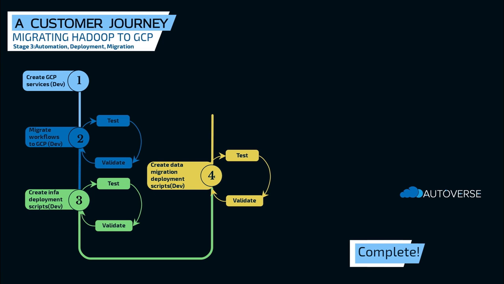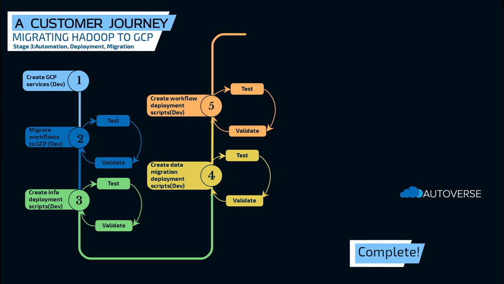It needs to be modularized so it can be reused, and the code needs to be written well so that it can handle differences between the environments and still ensure that all data is copied over and verified. So those scripts will also need to be tested and validated as well, an iterative process where you do that again and again.